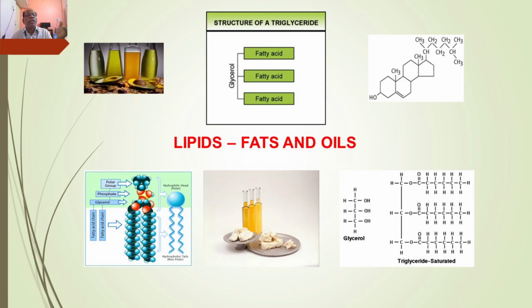So lipid is a complex form, and fatty acids and glycerol are the simplest forms of the lipids. And these lipids are present in the fats and oils. So fats and oils consist of lipids as a complex component in the cells or in living organisms.